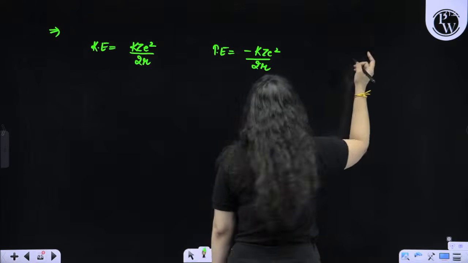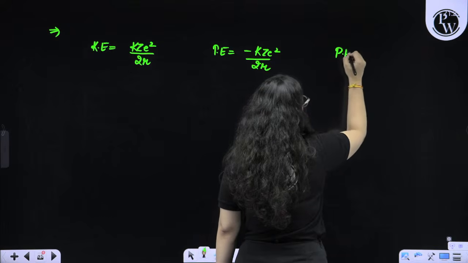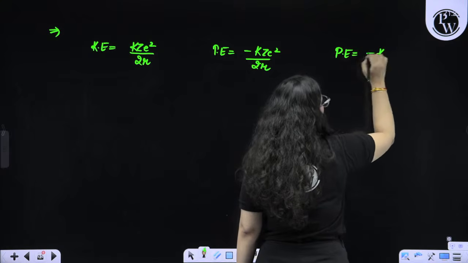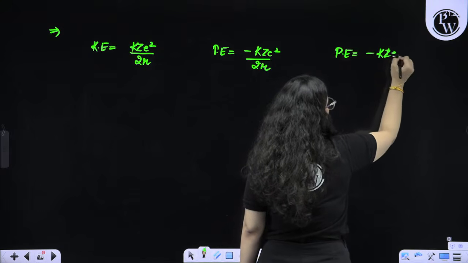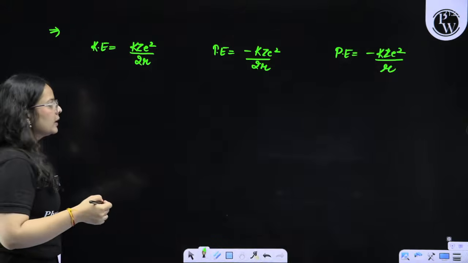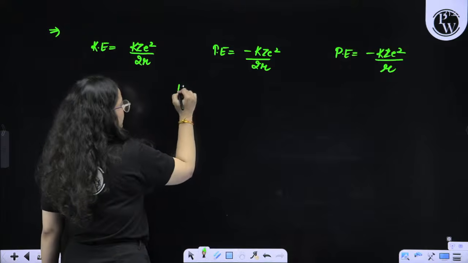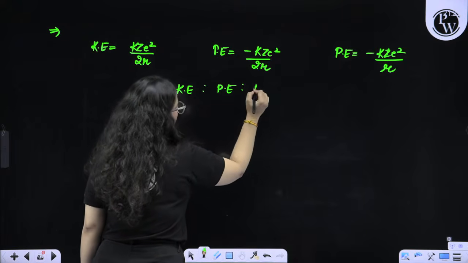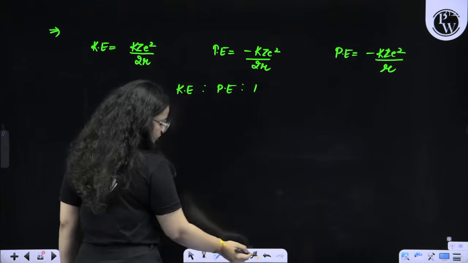After that is potential energy. It has the same form, just take minus K Z e square upon r. The only difference is among these terms. Now I am taking the ratio of kinetic energy, total energy and potential energy.